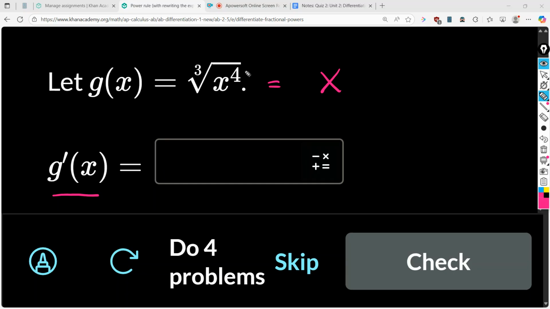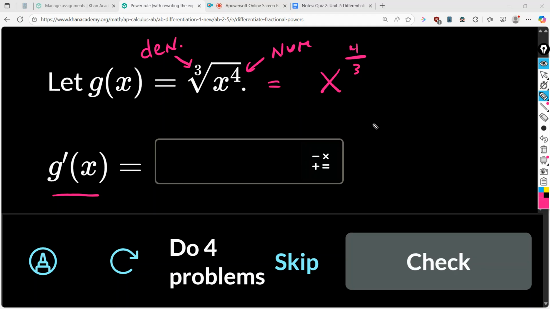The root is going to be in the denominator, and the exponent is going to be in the numerator. Okay, so third root of x to the fourth equals x to the 4/3.